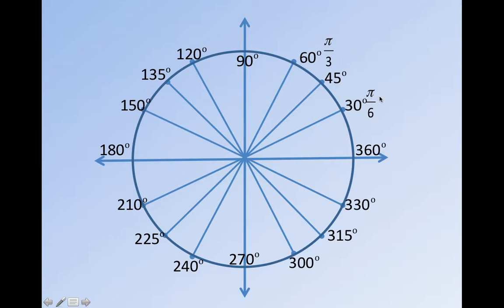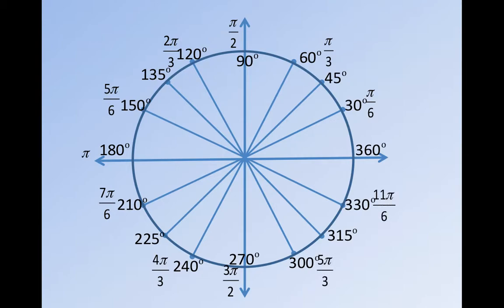So looking at the first angles that we put onto the unit circle, our 30 degrees and our 60 degrees, converting these to radians by multiplying the 30 degrees by pi over 180 gives us pi over 6. 60 degrees converts to pi over 3. 90 degrees converts to pi over 2. 120 degrees converts to 2 pi over 3. 150 to 5 pi over 6. 180 is pi. 210 is 7 pi over 6. 240 degrees is 4 pi over 3 radians. 270 degrees is 3 pi over 2. 300 is 5 pi over 3.